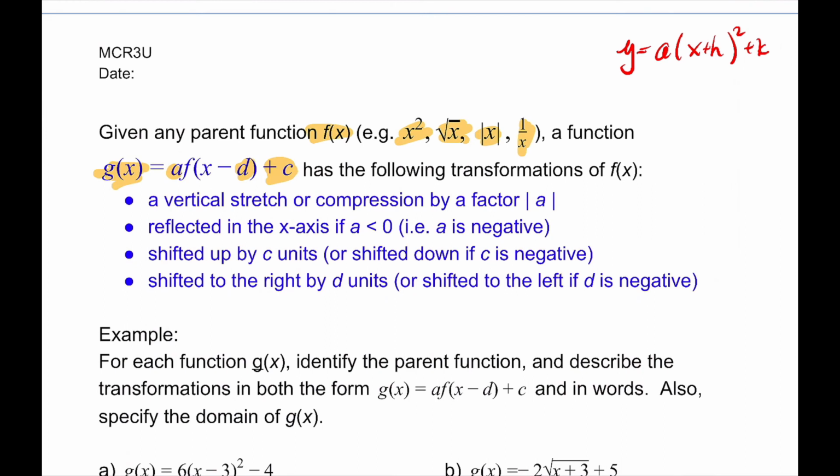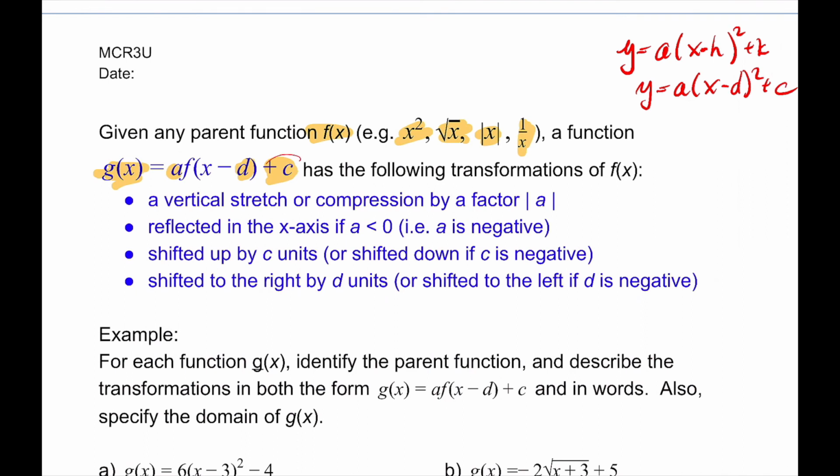Where h and k is going to be my vertex, so it's x minus h, because h minus h is going to be 0. So that's how we get the 0 squared. That's going to be the lowest part of my vertex. So really, we just change the letters of the variables around. So really, this is synonymous with x minus d quantity squared plus c, if we're just focusing on a quadratic.